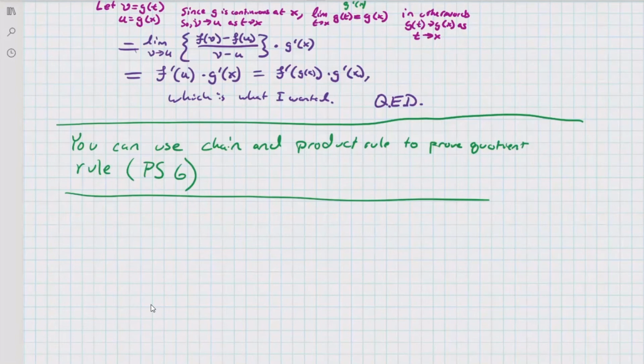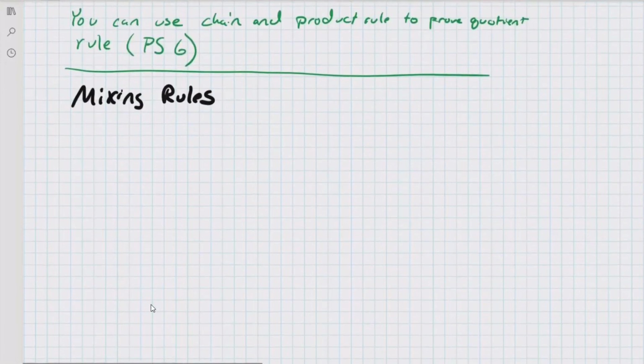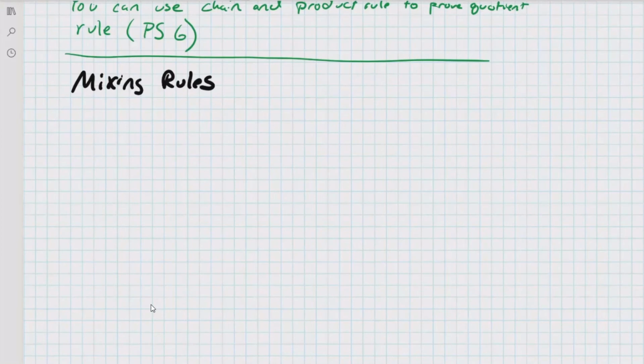All right, so let's talk about mixing rules. Let's say that I want to do d over dx of x squared sine of x squared.